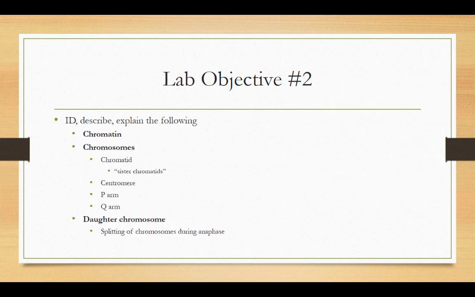So just kind of recapping probably some things that you're familiar with from past classes. Chromatin is a fancy word for DNA, but we find chromatin in a non-dividing cell, and typically chromatin or the DNA in this format is very stringy and expanded out or stretched out.